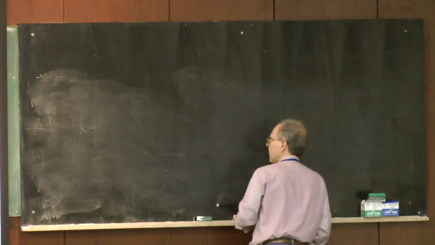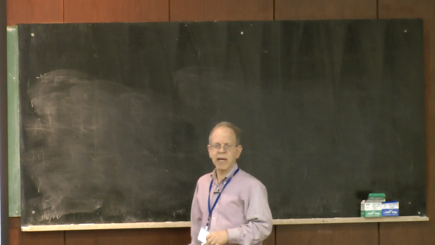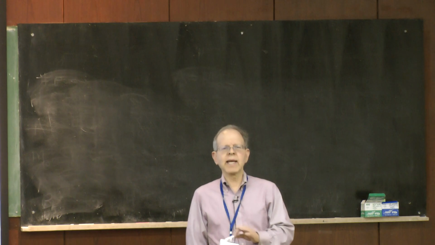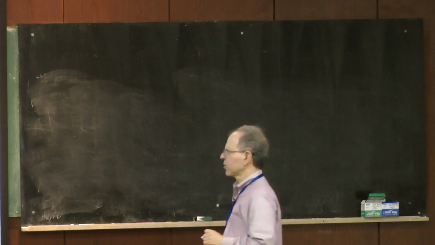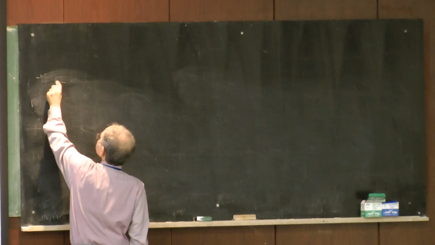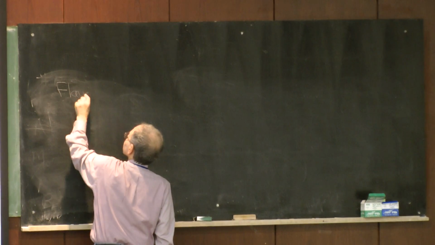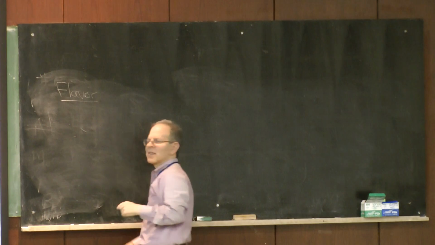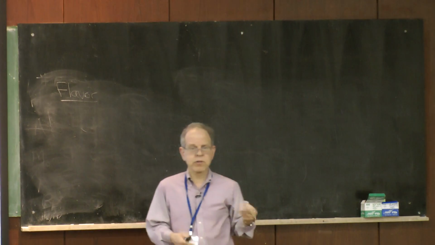But there are other constraints that we had even before anybody did any experimental search for supersymmetry. These come from processes that involve flavor.